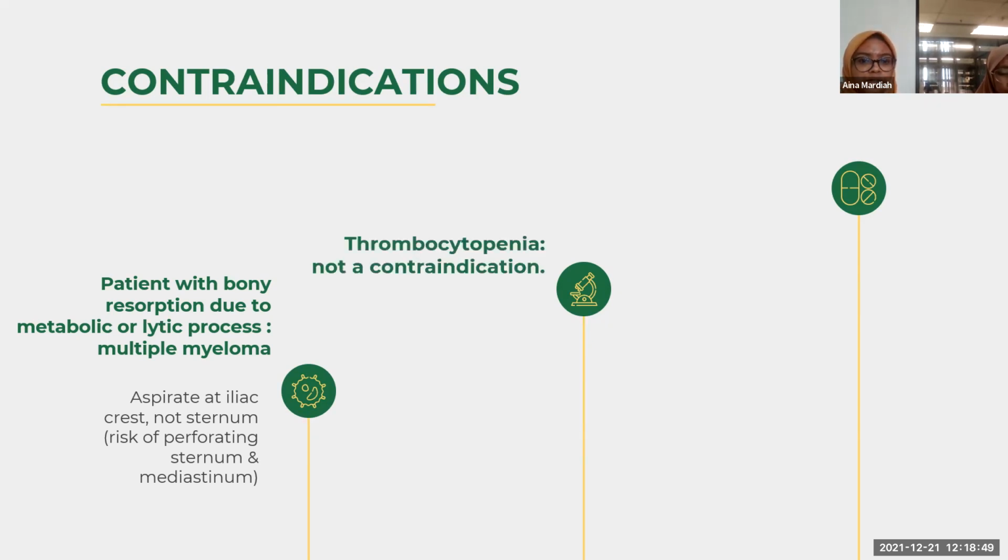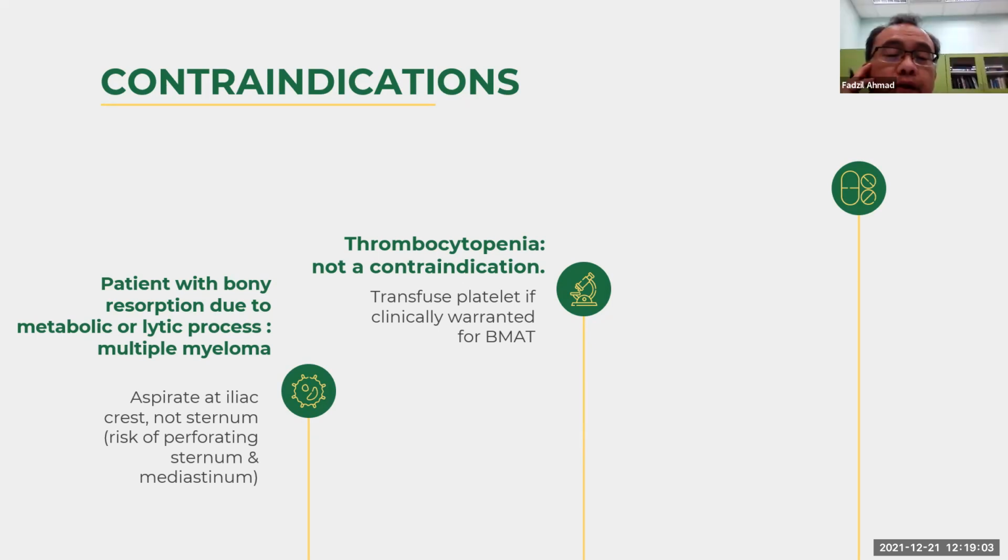Thrombocytopenia is not a contraindication because we can transfuse platelets before bone marrow aspiration. Usually if platelets are more than 50,000 to 60,000, we don't need to transfuse. But below that, we transfuse platelets first. Okay.